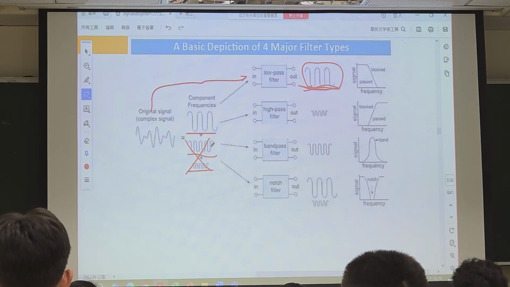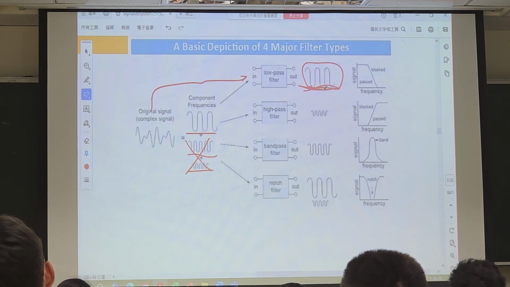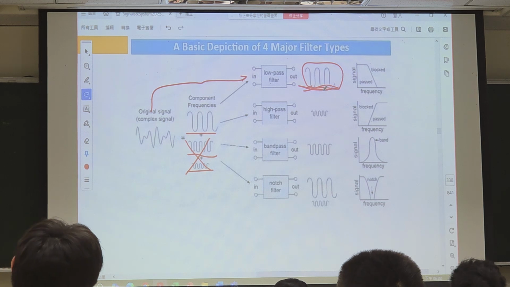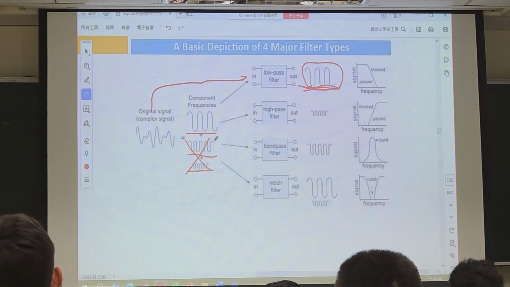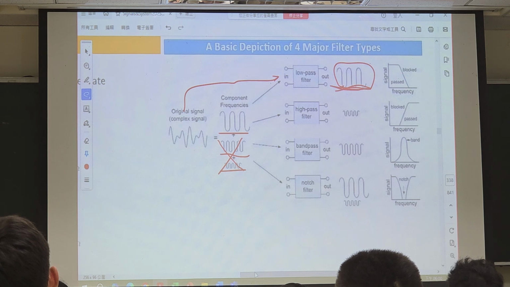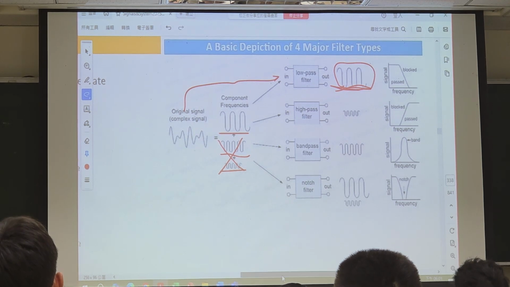The remaining two components will be attenuated, meaning the amplitude of the remaining two components becomes very small. Actually, we have seen this before, in chapter 2, I think, the first order system. Go back and look at the function.